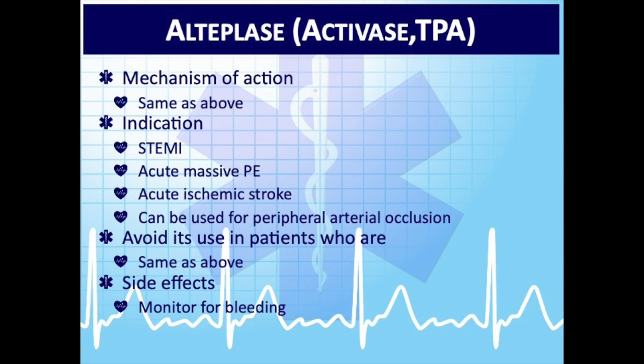Sometimes you may be transporting from one facility to another after they give TPA. And some facilities will give TPA and still take them back to do a procedure, to try to open up the part of the brain that's not perfusing appropriately.